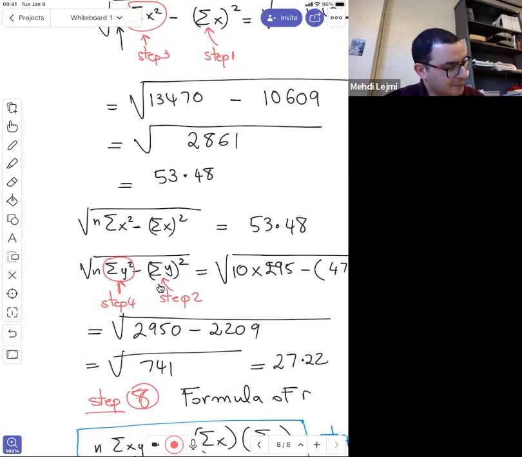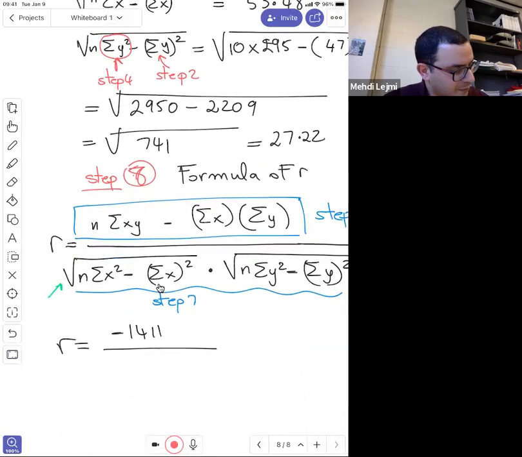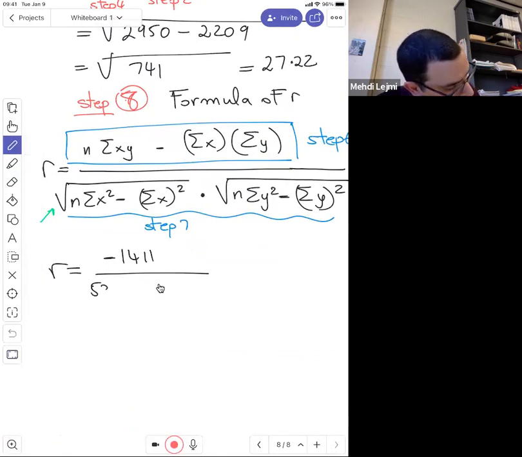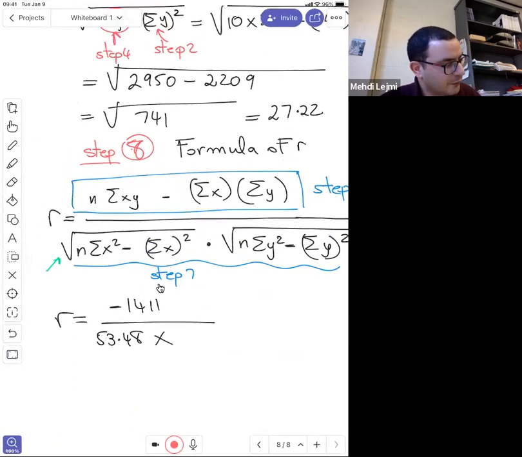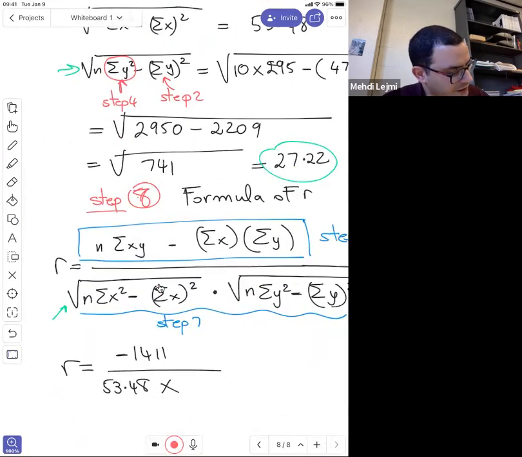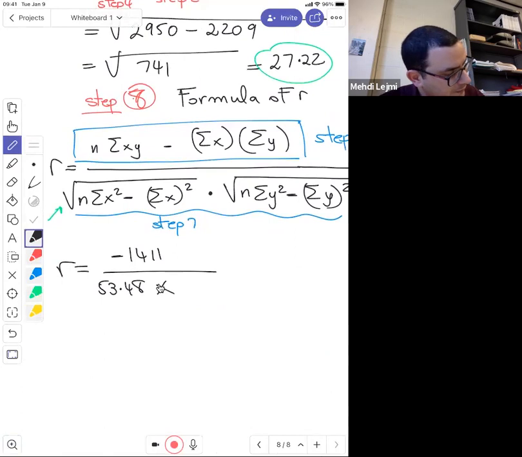That's this number right here, 53.48. Now we did the same thing for the Y, right? Here's the formula for the Y. So we got this 27.22, so it's times this 27.22.